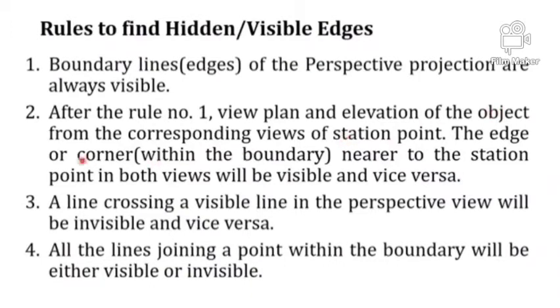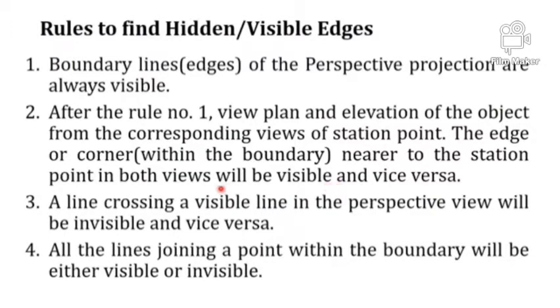So an edge or a corner within the boundary of the perspective view nearer to the station point, in both front view and top view, will be visible, and vice versa. In other words, an edge or corner within the boundary of the perspective view farther from the station point in front view and top view will be invisible in the perspective view.